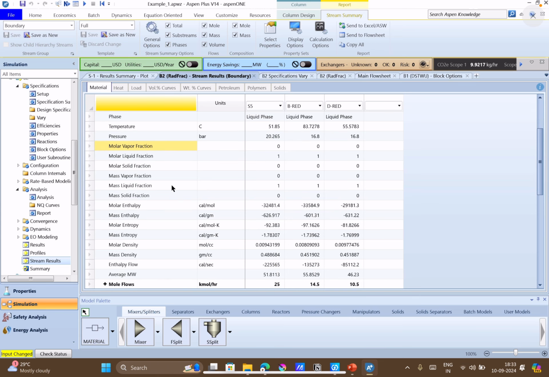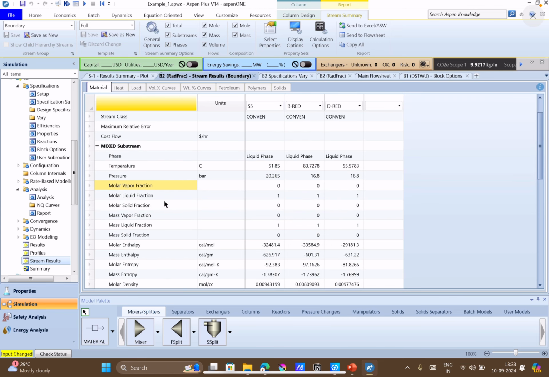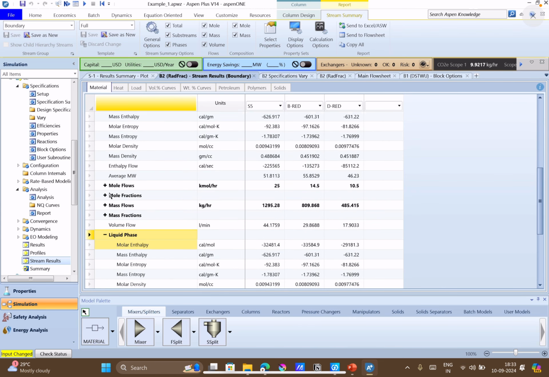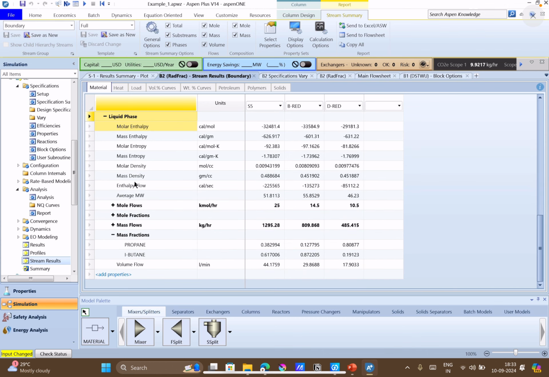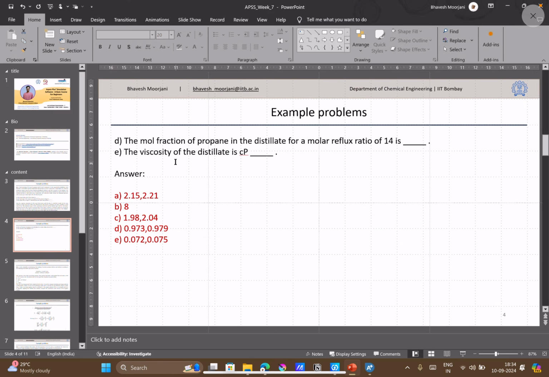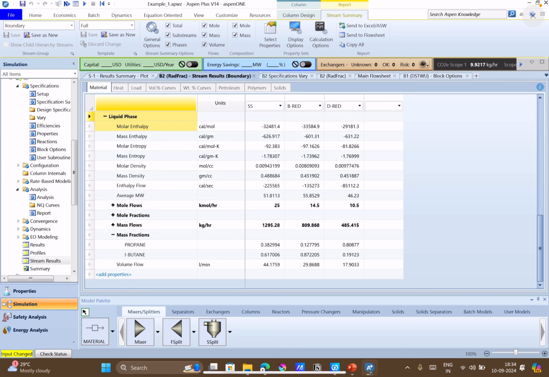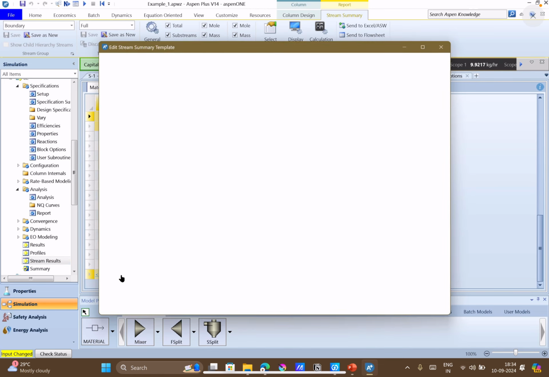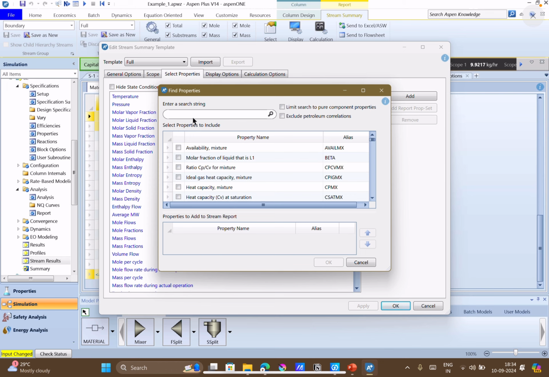We have temperature, pressure value, molar enthalpies, mole flow, mass flow, mole fractions. We have volumetric flow rate also, but we don't have this property added. We don't have the value of viscosity. So how to do that? For that, we will use this add property option, and we will search for the viscosity.